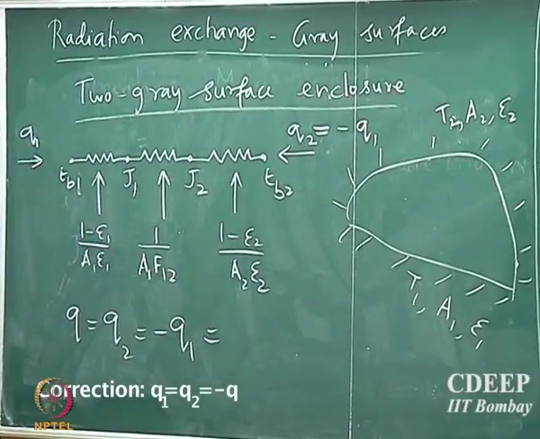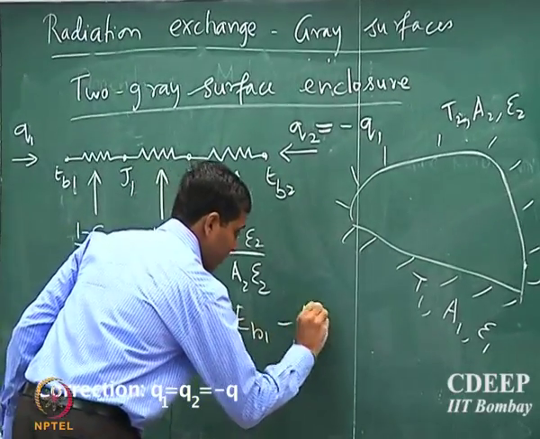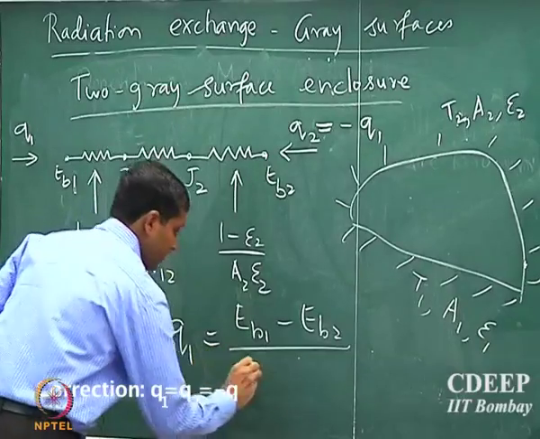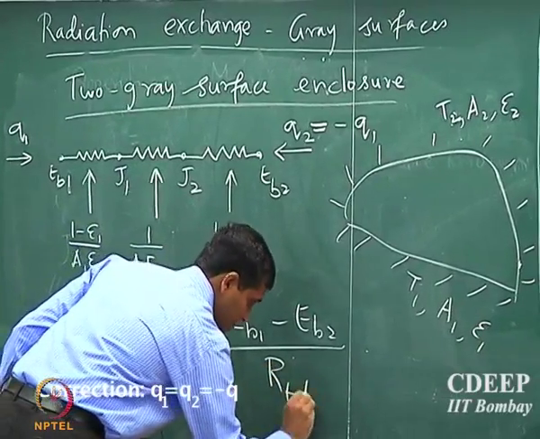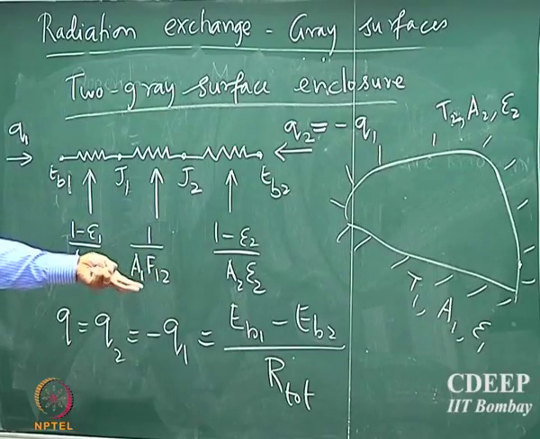So, based on resistance networks we can simply write it as EB1 minus EB2 divided by the total resistance. Okay. So, the resistances are in series, so the total resistance is the sum of individual resistances.